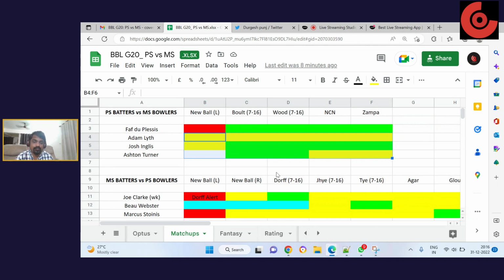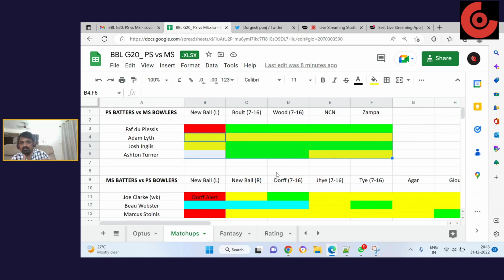Say he has played a lot of his cricket at Chepauk and assume he averages 30 and strikes at 100 there. What am I going to do with those numbers for a match that's happening at Perth, a venue where spin is a lot easier to face?